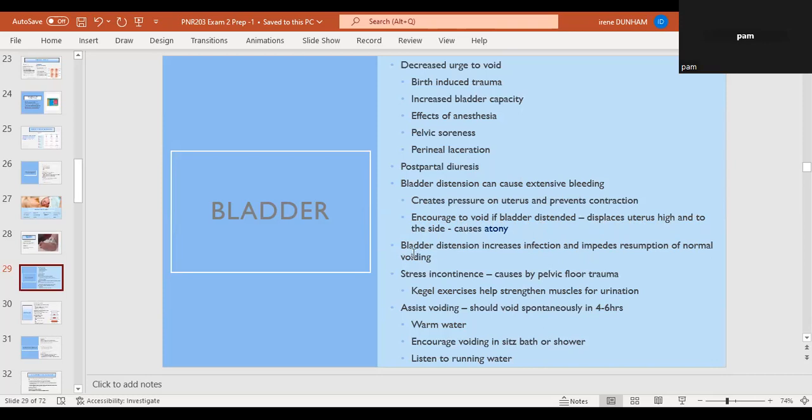Okay. Now, bladder distension increases infection, of course, and impedes resuming normal voiding. So you want to make sure that she gets it all out. Now, some women can't void afterwards, and so then you have to do some straight caths and get her going. Okay.